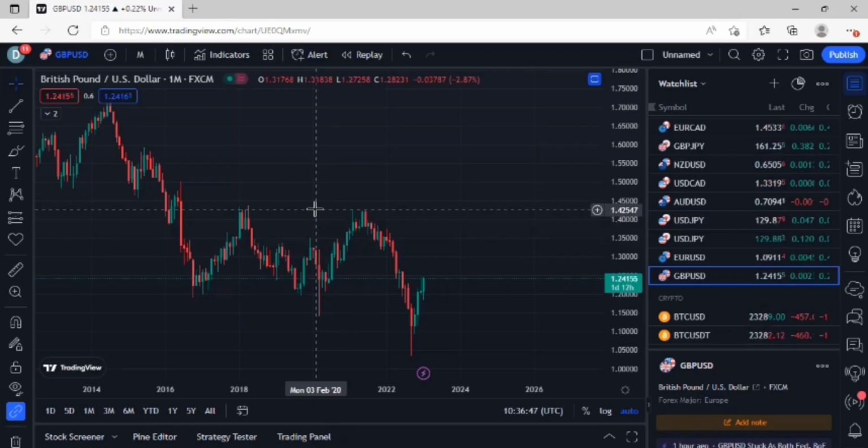So for you to get this right, you need to first understand the structure of the market before you can draw a correct trend line. If you don't understand the structure of the market of the instruments you want to trade, drawing a proper trend line might be difficult.